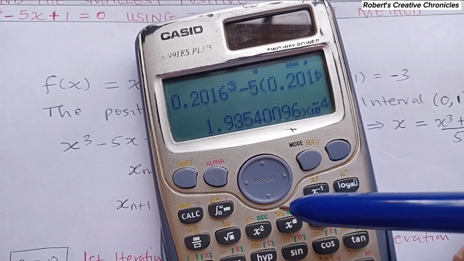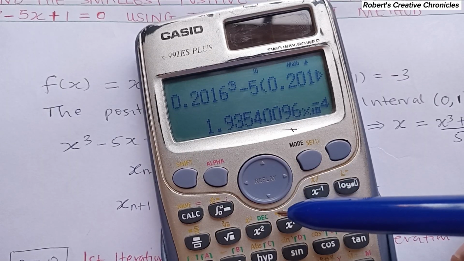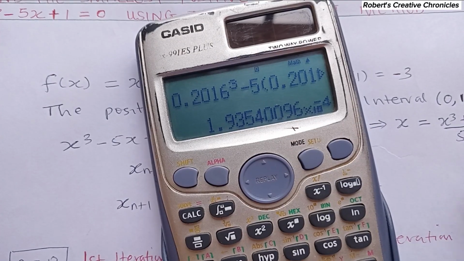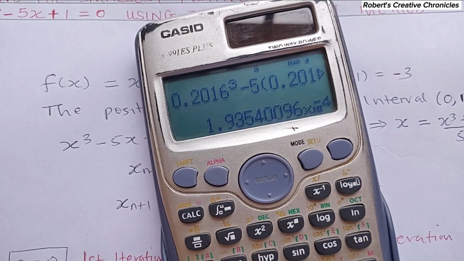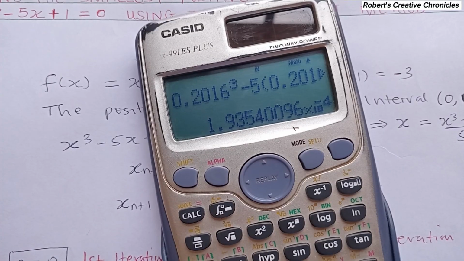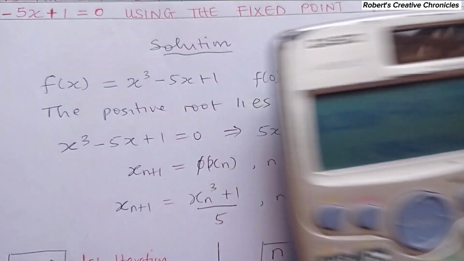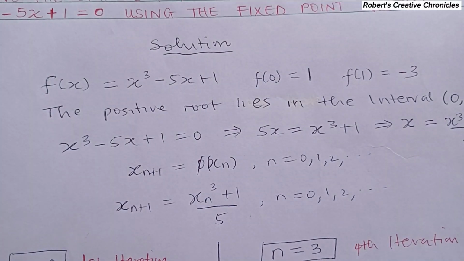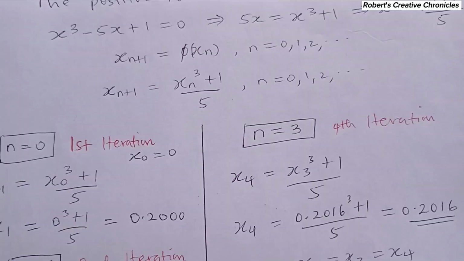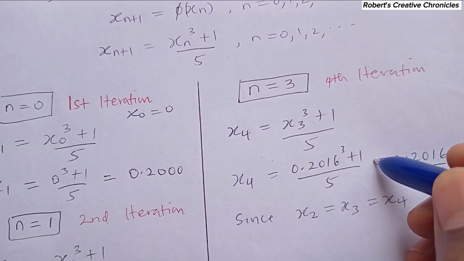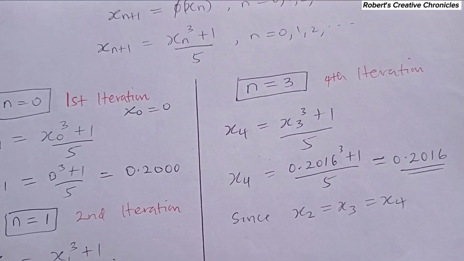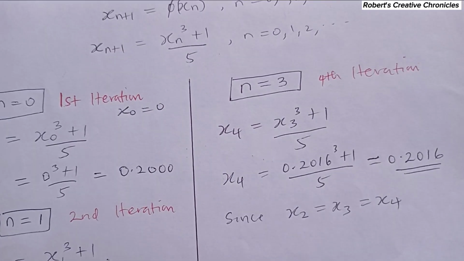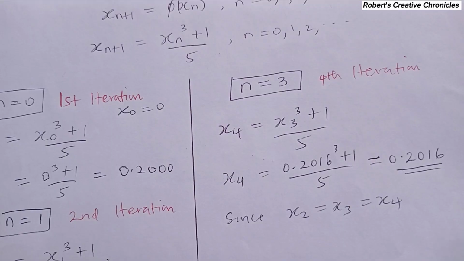It's still correct, because if you approximate it to 4 decimal places, it gives 3 zeros after the decimal point. So this is the approximate root of this equation, not exactly, but approximate, and the root is 0.2016.